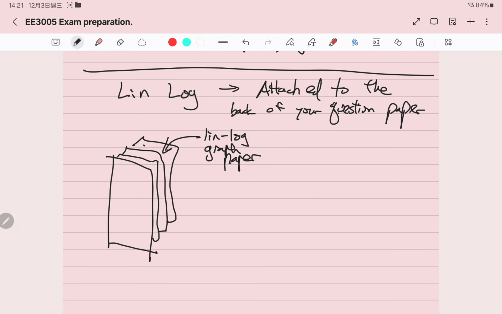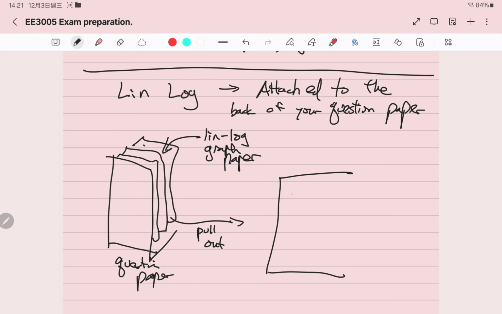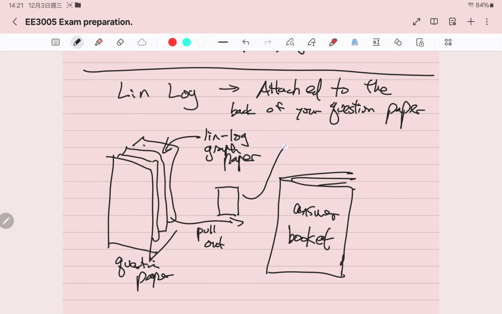Now what you do is pull this out from the question paper. So this is the question paper. And when you hand in, you have an answer booklet. Make sure you pull this sheet out, and then you tuck it inside your answer booklet, and then you submit.